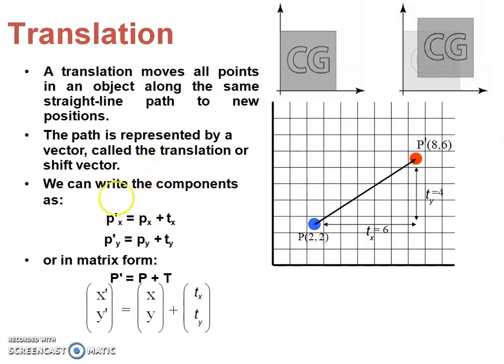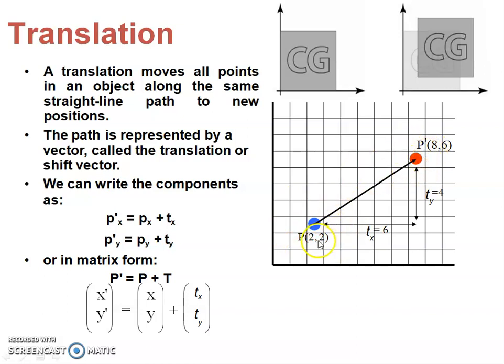We can write the components as p dash x, the translated point's x coordinate, is equal to the original coordinate px plus the translation on the x-axis, that is tx. Similarly, p dash y is equal to py plus ty. In this diagram, p is represented as the coordinates (2, 2), and it is translated to p dash of (8, 6).